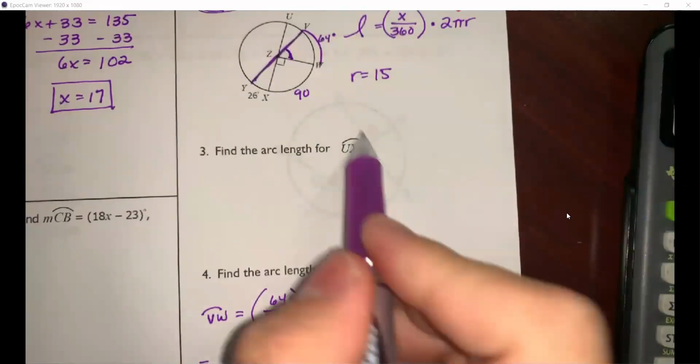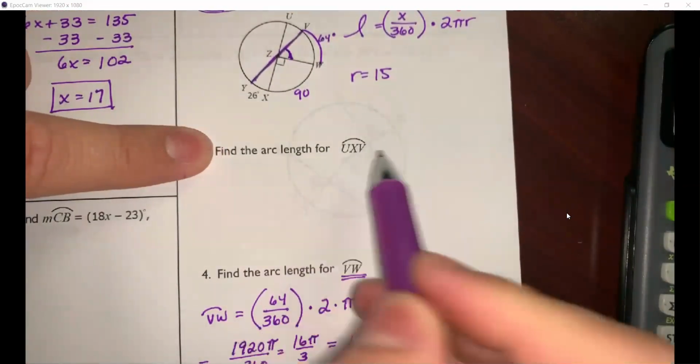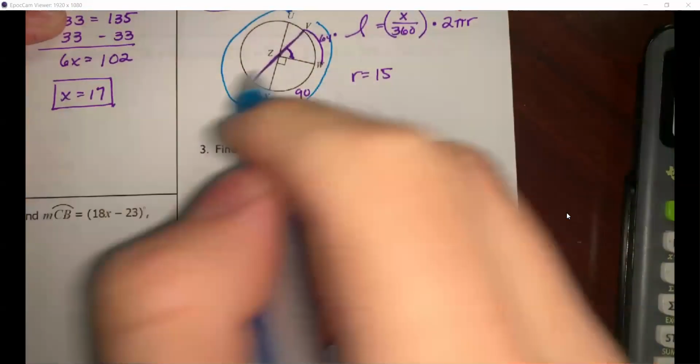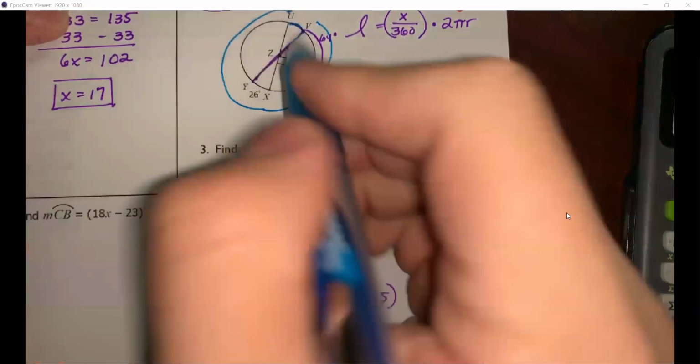So if I want to know the arc length for UXV, let's see. There's U, and then X is all the way around here, and then V is all the way around there. First of all, I think it might be helpful to know the measure of UV. We have vertical angles here.